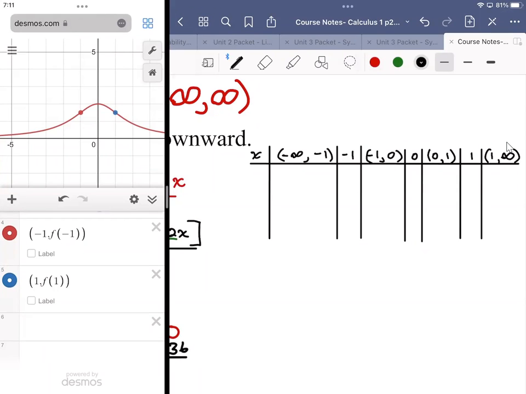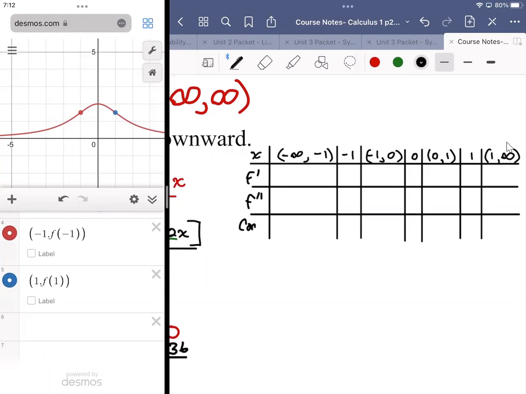It's like you're working off of the conclusion to build the rest of the chart. So we have a need for f prime values, f double prime values, and the conclusion. And that conclusion applies to the f of x function, whatever the original function was.